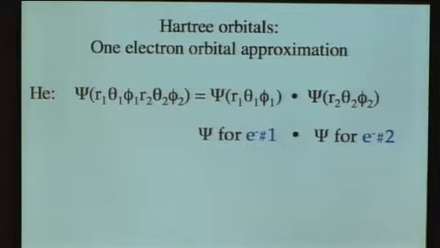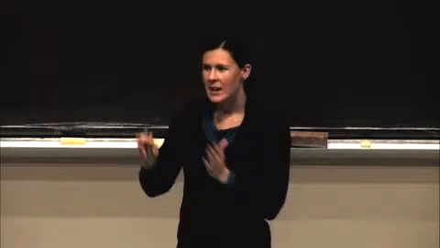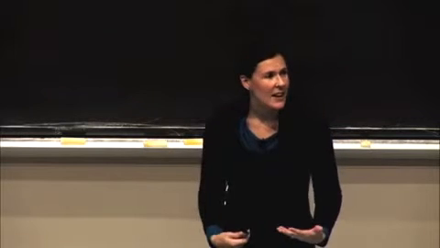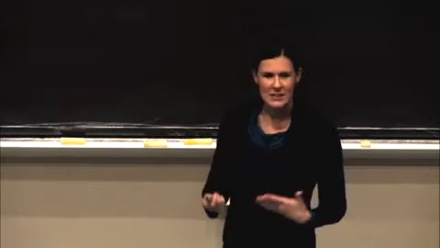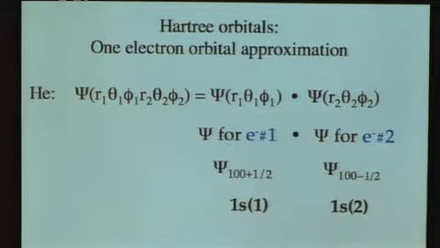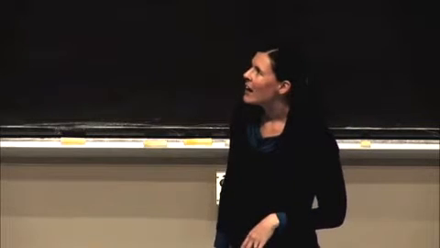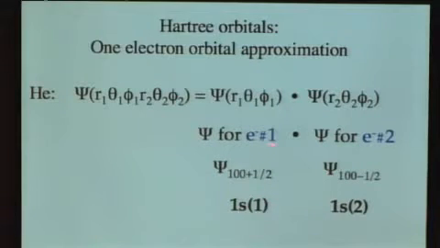So essentially what we're saying is we have a wave function for electron 1 and a wave function for electron 2. We know how to write that in terms of the state numbers, so it would be 1, 0, 0 because we're talking about the ground state. We're always talking about the ground state unless we specify that we're talking about an excited state. And we have the spin quantum number as +1/2 for electron 1 and -1/2 for electron 2.